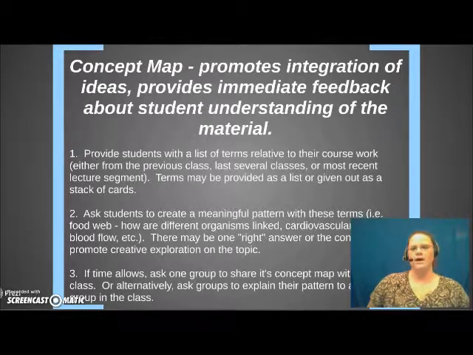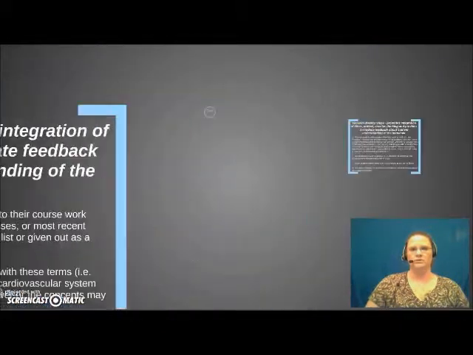Ask them to create patterns, put these together, see how they work together, and create some kind of chart possibly. And then if time allows, you could have them present their chart. This also has the applying and the analysis Bloom's taxonomy steps.